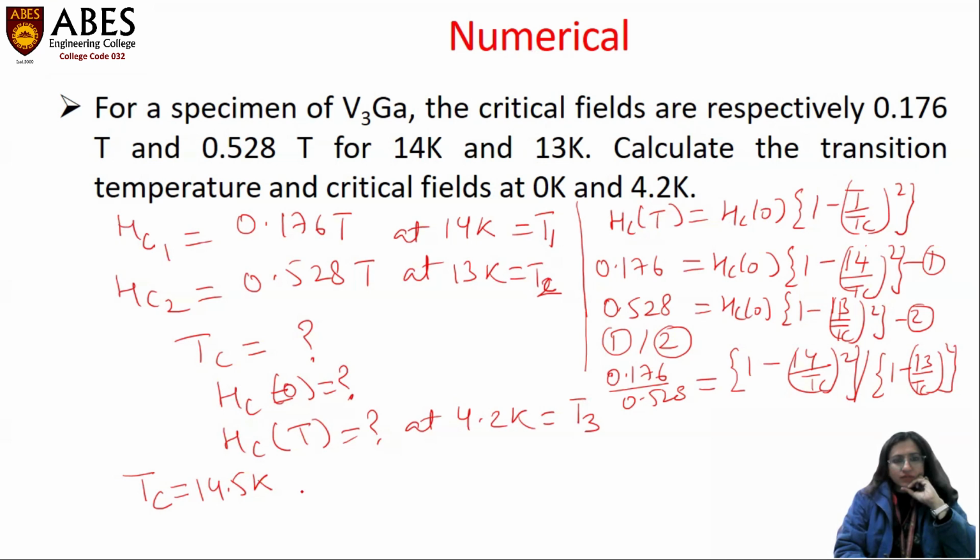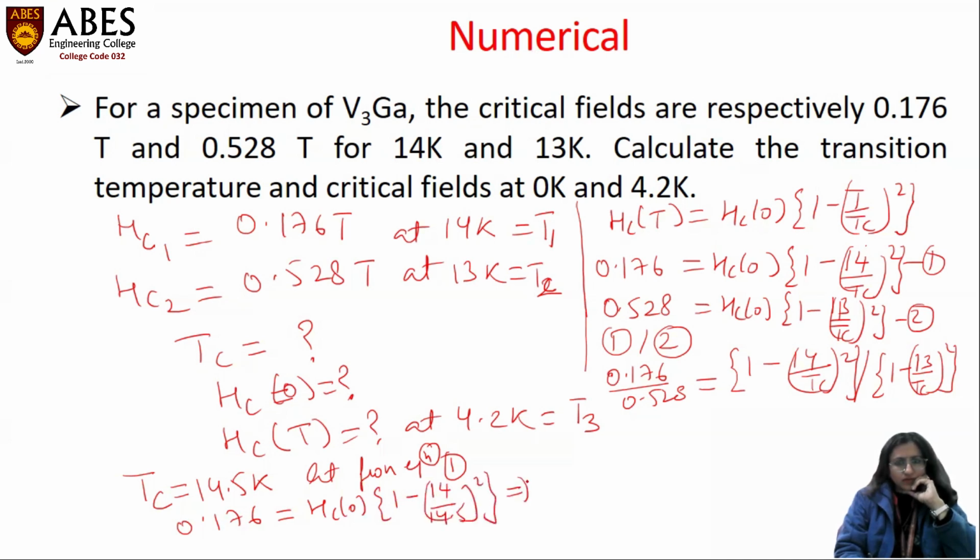Now in any one equation, let us substitute, say equation 1. In equation 1, we will substitute the value of TC: 0.176 = HC0 (1 − 14/14.5)².